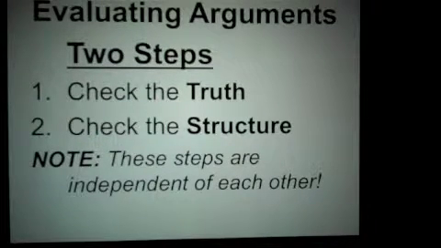Now, an important thing to say right now is that these two steps are completely independent of each other. There's something we have to do to check the truth, and that's basically check the premises against reality, figure out whether the premises really are true or false. And then there's a completely separate check we have to do to see whether the argument has a good structure or has good support or not.